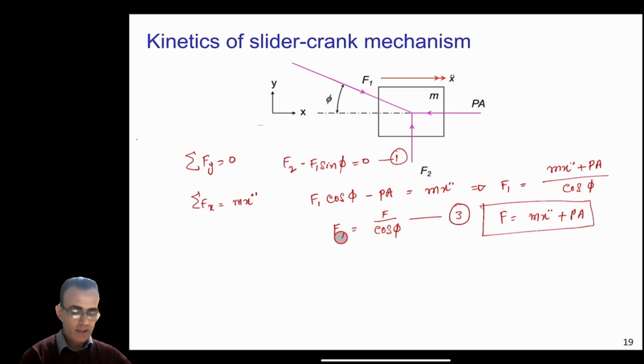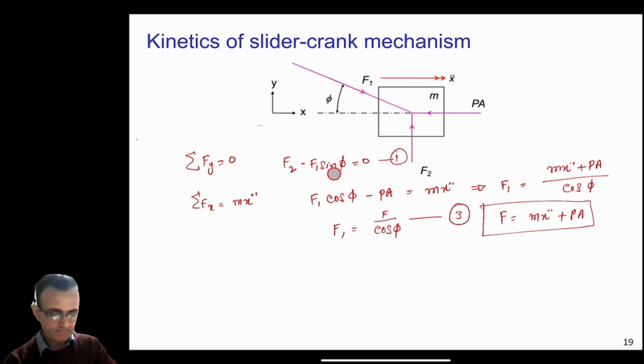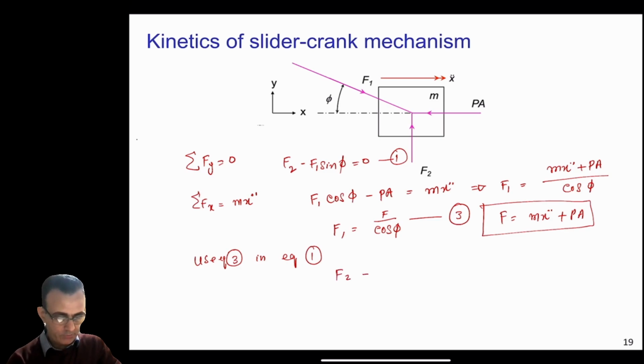So now from here you can calculate F1, and if you know F1, then from equation 1 you can calculate F2. If you use equation 3 in equation 1, it will become F2 equal to F1 sine phi here.